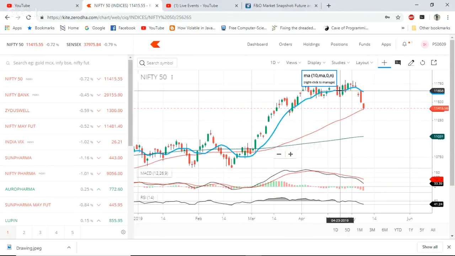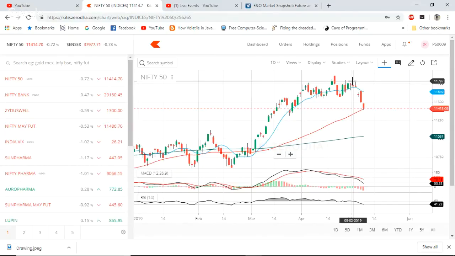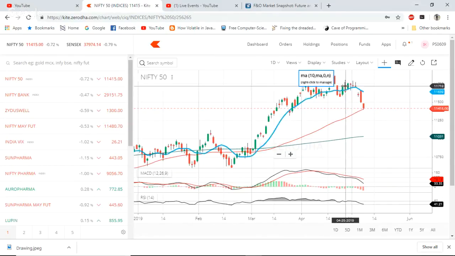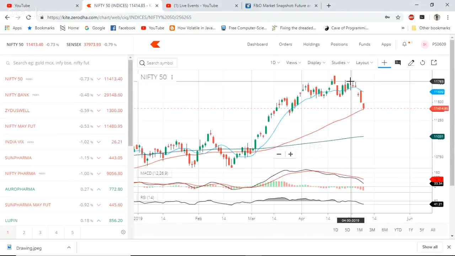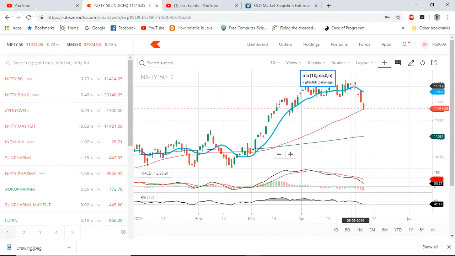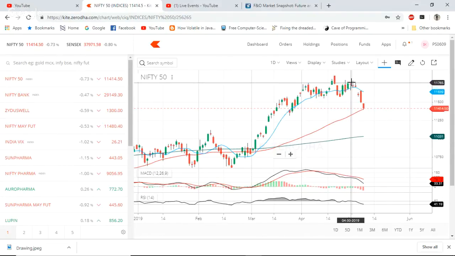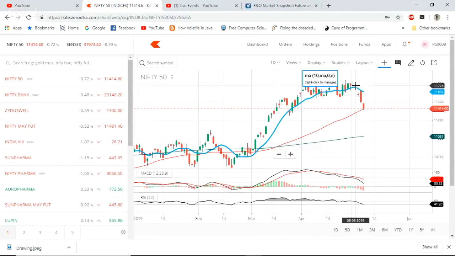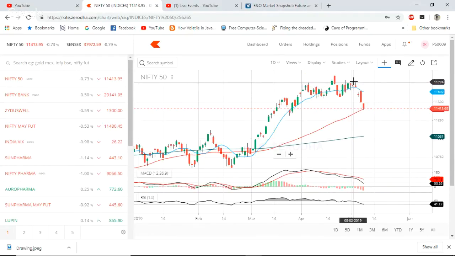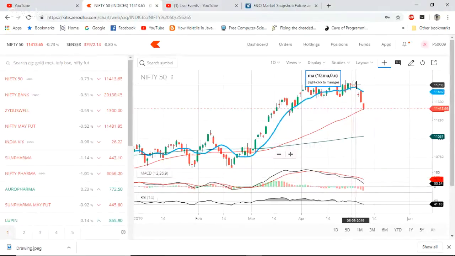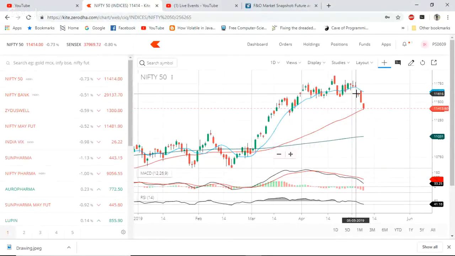In all these candles, there was a high, but the high never sustained. It was a very high high, but then it came back. It wasn't able to go past some levels for several days, after which it broke and fell back, and you could see a very clear fall.